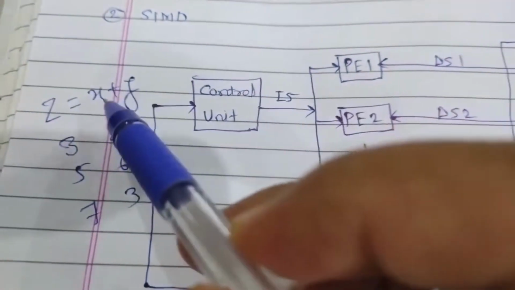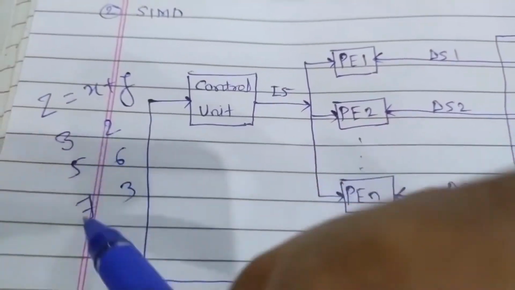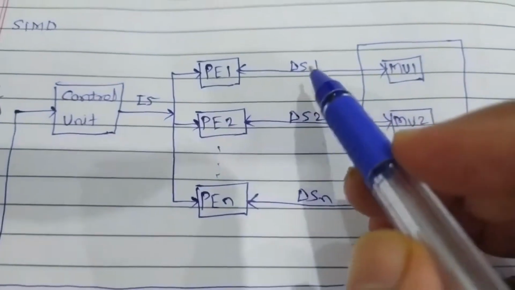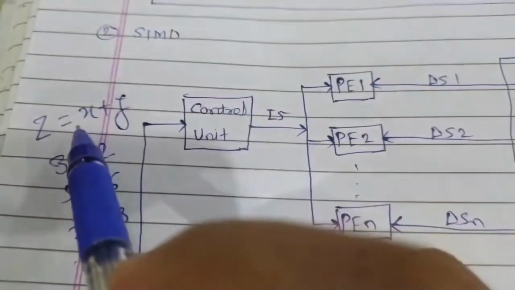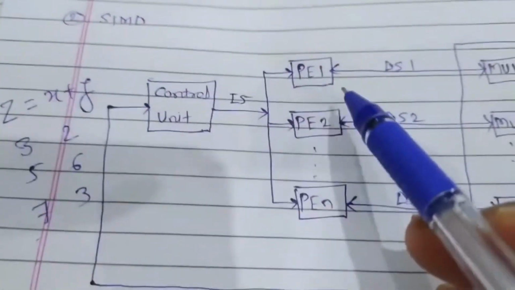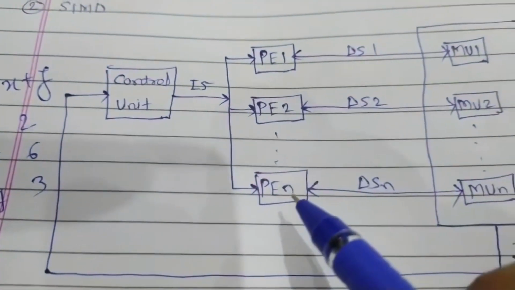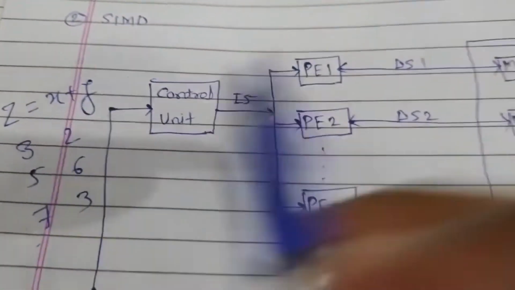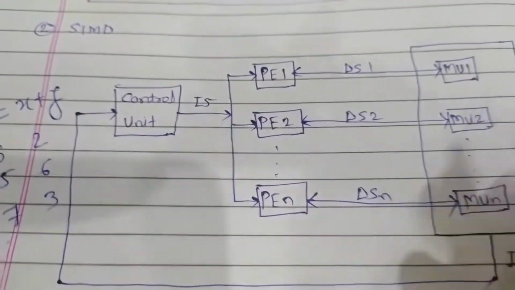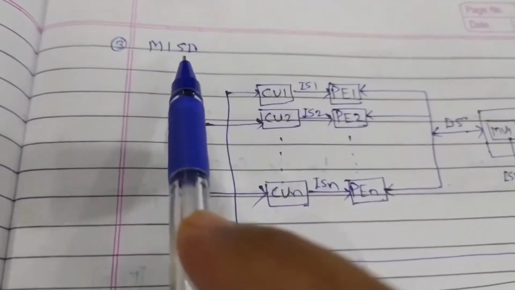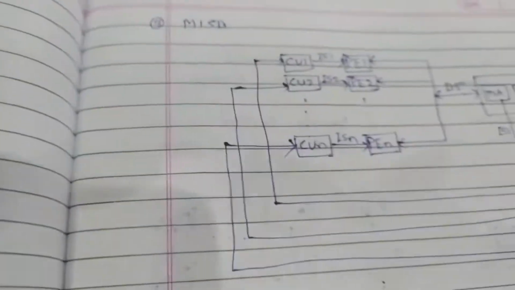So for x and y, we can have multiple values. We have multiple data, but the same instruction. The same instruction will be executed by this processing element, but each time we get different data.